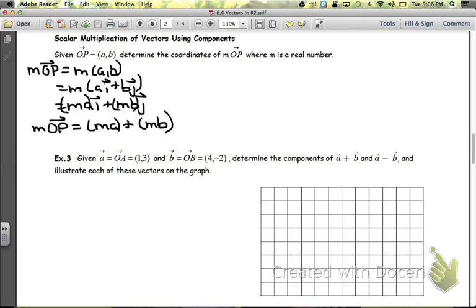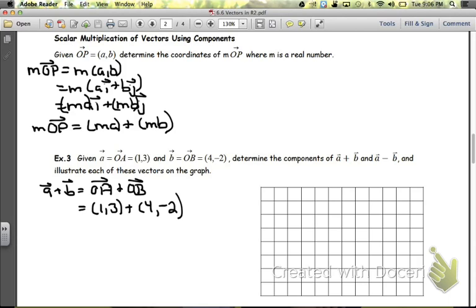Let's do A plus B first. A plus B is equal to OA plus OB, which is (1, 3) plus (4, negative 2).